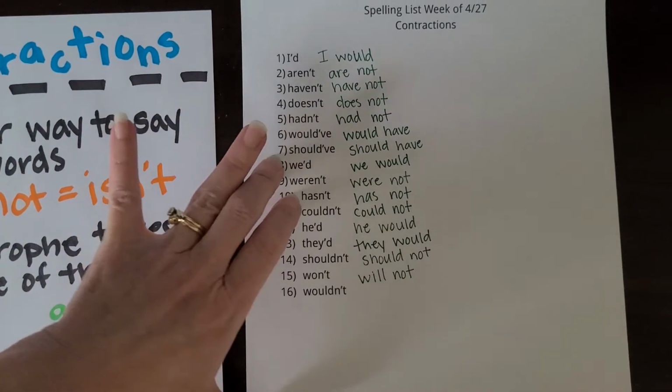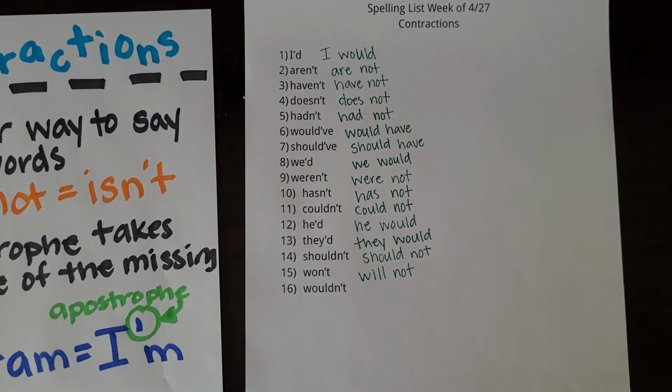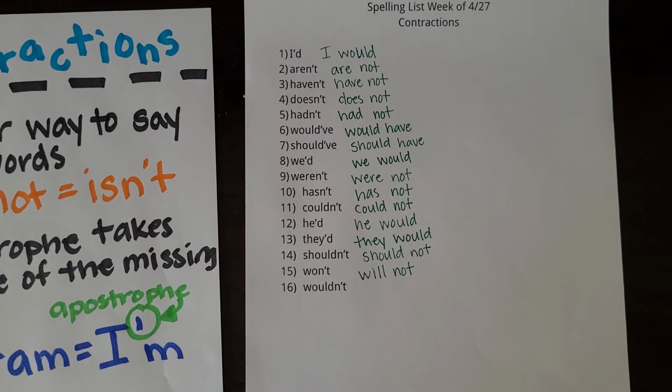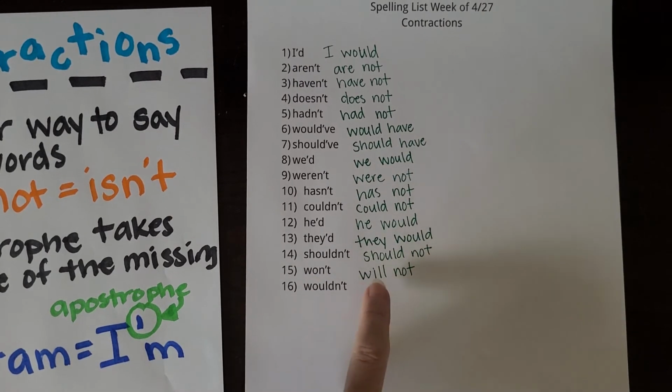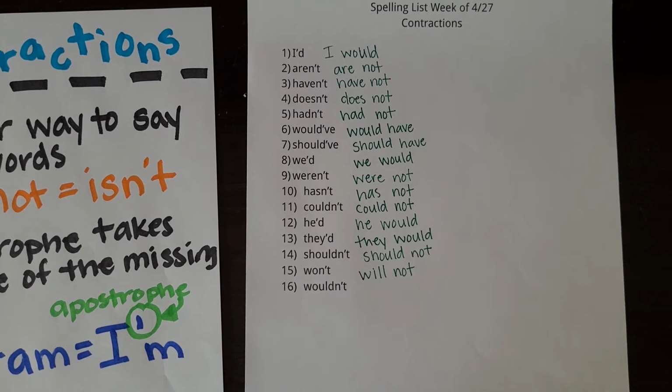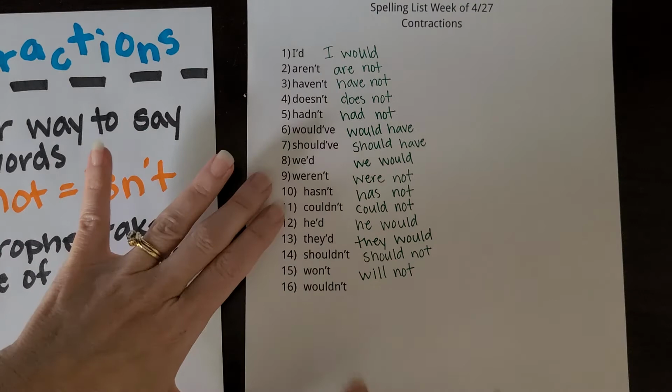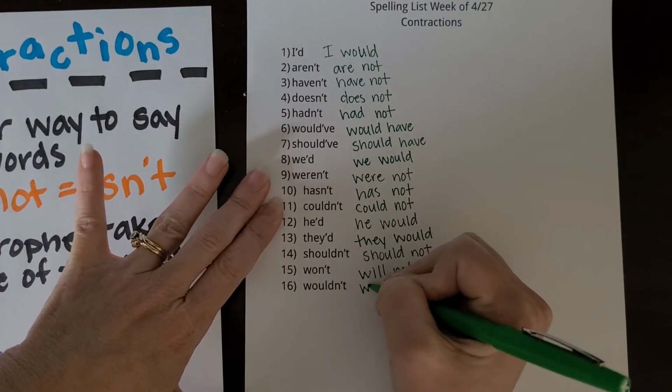There's a lot of debate about why they changed it from will not to won't, and it's too in-depth to get into, so I'm not going to explain all of that. I just want you to know that won't stands for will not. That's the only contraction that I know of that is a little confusing why it's spelled differently, but don't worry about it. Just know that won't is will not. And then wouldn't is would not.